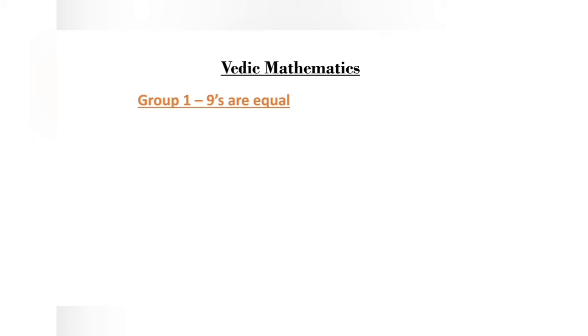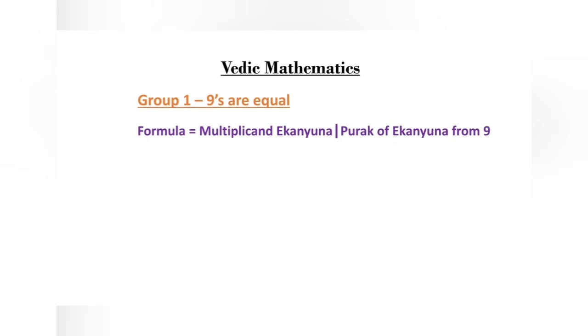To find the solution for this, simply follow the formula: Ekanyunya of the multiplicand, and Puraka of it from 9. Let us find the product of 6538 and 9999.